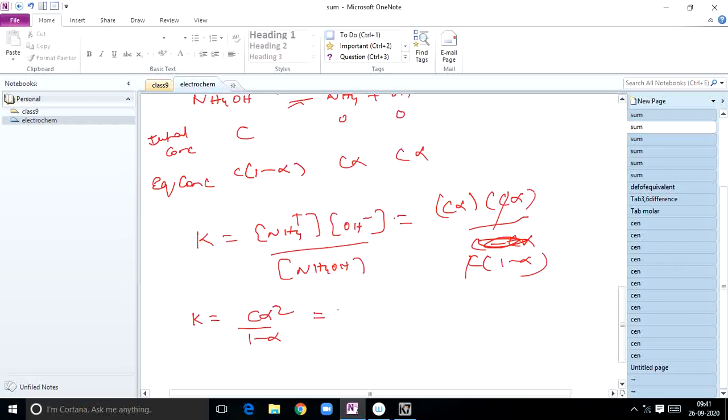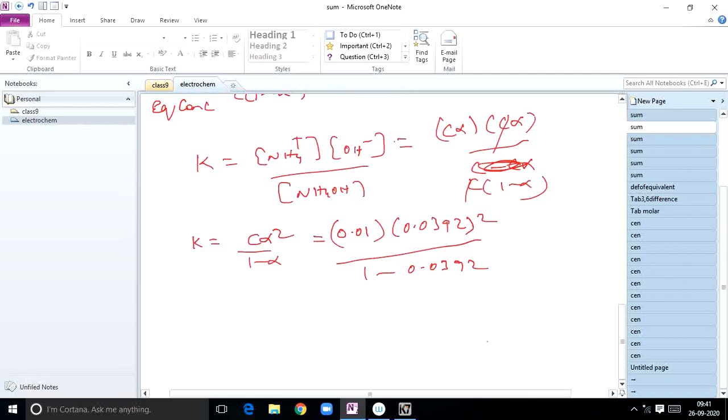Centinormal. Centi means 1 by 100. So C value is 0.01, and the alpha value we got above is 0.0392. So K equals 0.01 into 0.0392 whole square by 1 minus 0.0392. You solve this one, you will get the K value, students.